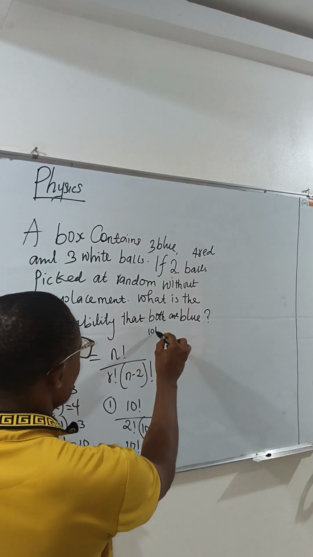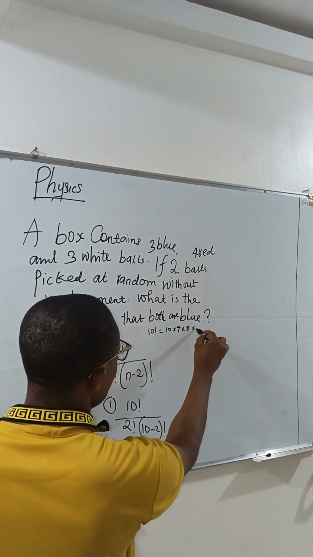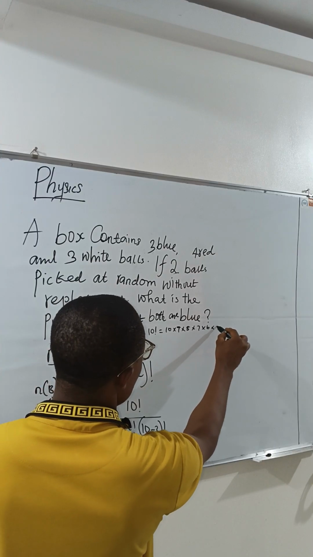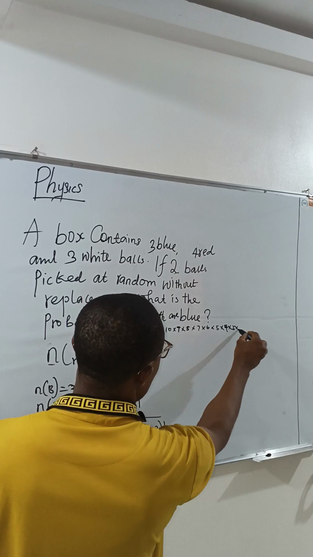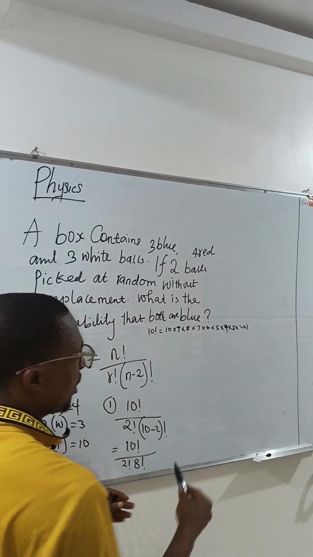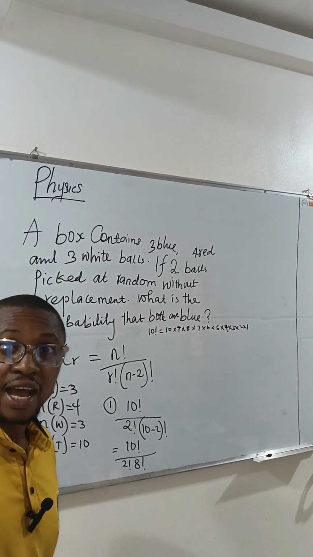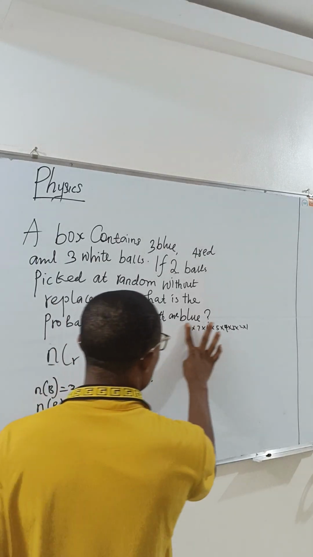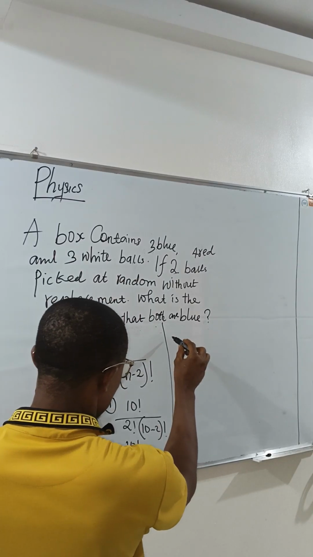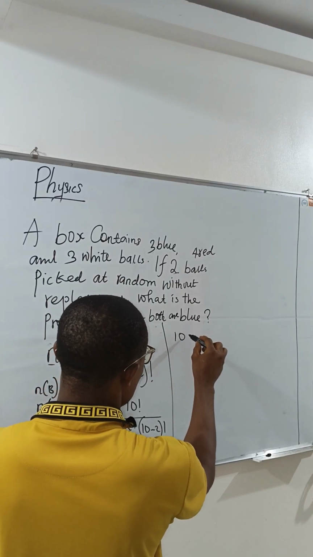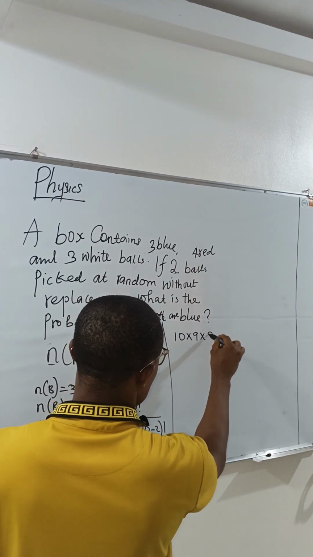When you have 10 factorial, what it means is 10 times 9 times 8 times 7 times 6 times 5 times 4 times 3 times 2 times 1. That is 10 factorial. But we're not going to use all of these because we have 8 factorial in the denominator. So we'll say 10 factorial is 10 times 9 times 8 factorial.